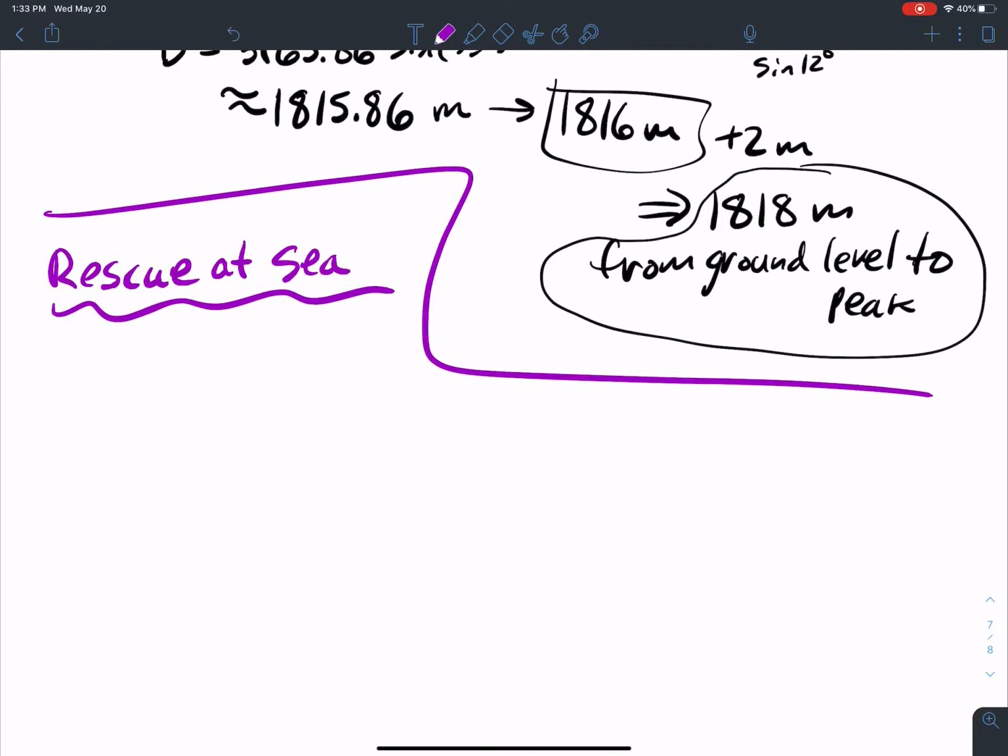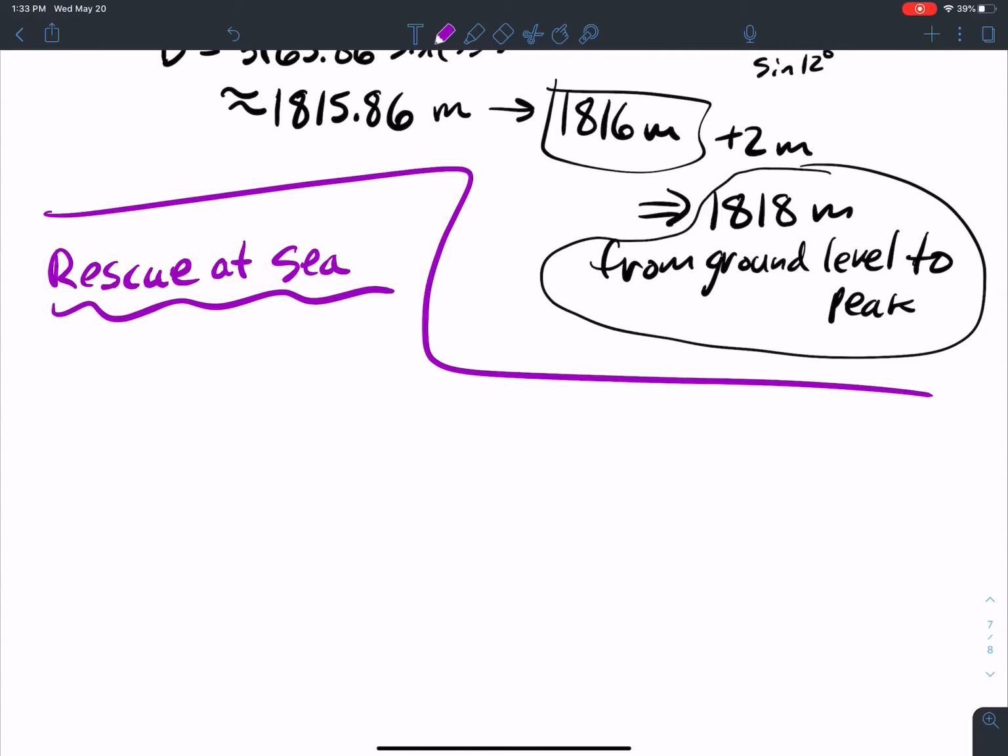The call to Station Zulu indicates the bearing of the ship from Zulu is north 40 degrees east. So that's 40 degrees east of north. The call to Station X-Ray indicates that the bearing of the ship from X-Ray is north 30 degrees west. So we go 30 degrees west of north.